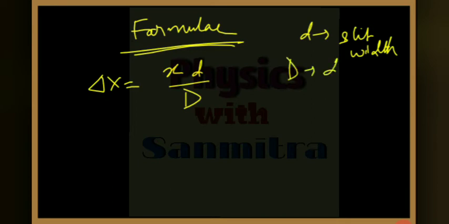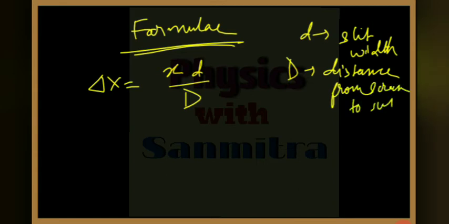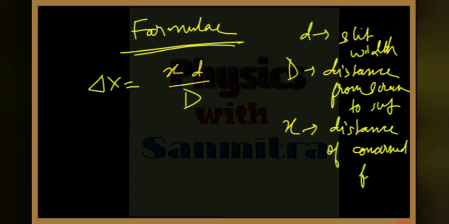Capital D is the distance from screen to slit. x is the distance of the concerned fringe, or the position on the screen.